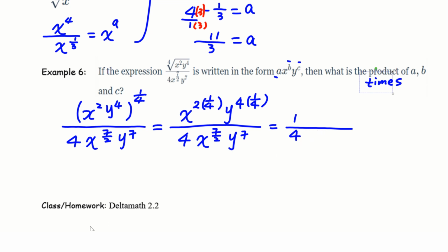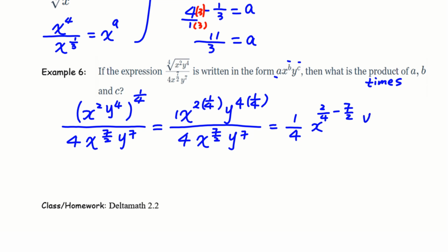Then after that, we are going to see the x. So just focus. We want to write it as a x and y, so we separate them. For the number part it is 1/4. For the x it is 2 times 1/4, so 2/4. Then the denominator is subtraction, because it's division, so it's 7/2.